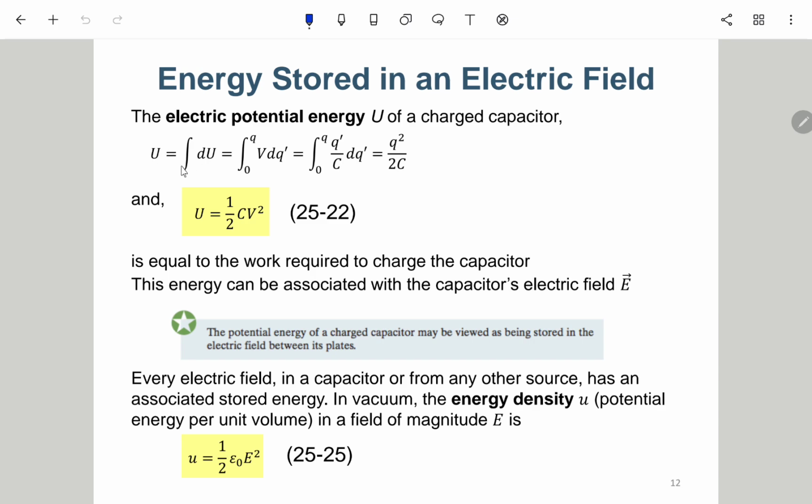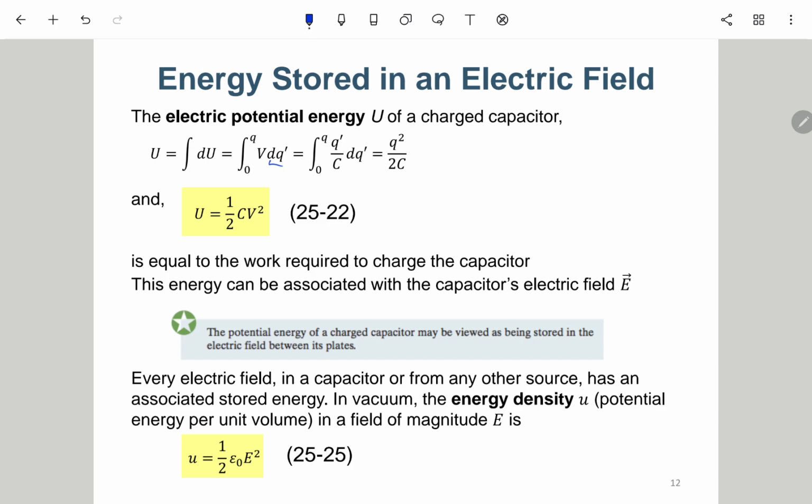It is this one, U equals the integration of dU, and of course U equals QV. Here we try to separate a distribution of charge into many small parts. Each part is dQ prime, and the idea is that originally all the charge is placed infinitely far away, so in this system there isn't any potential energy.